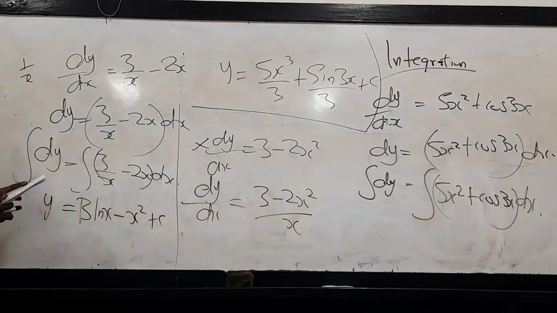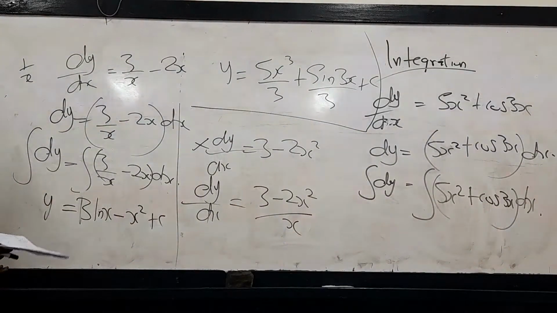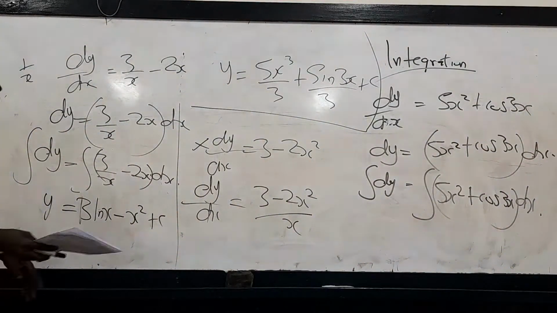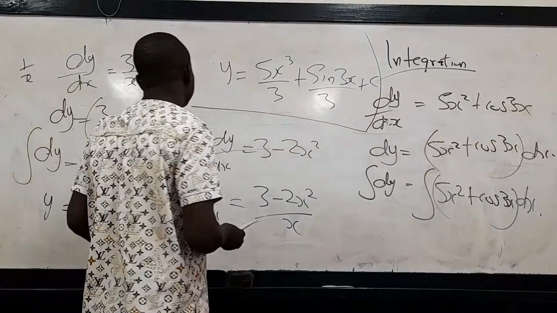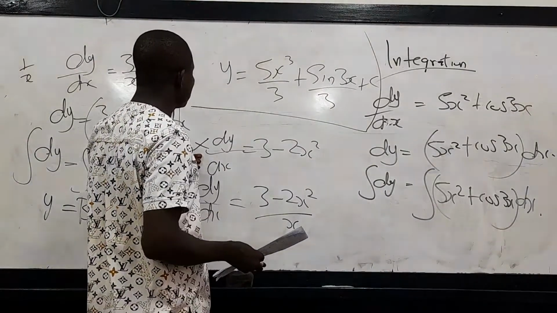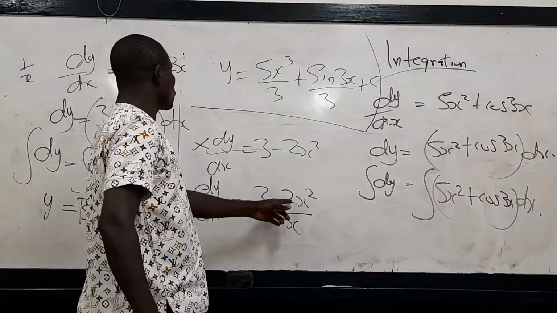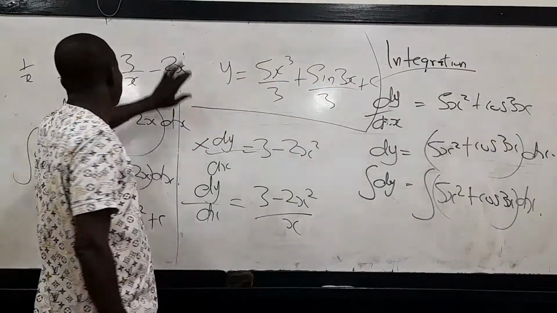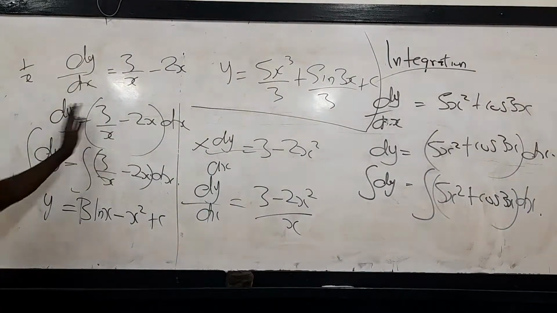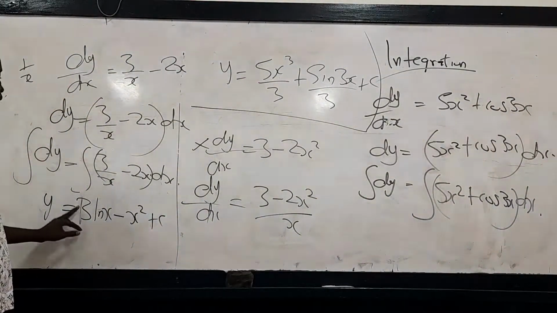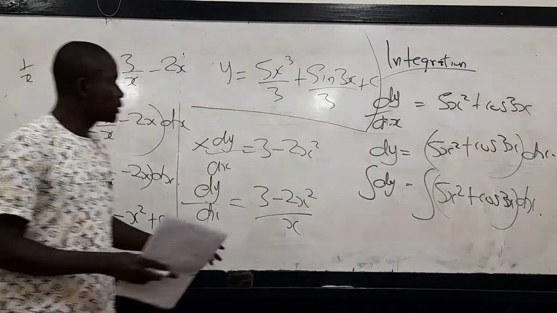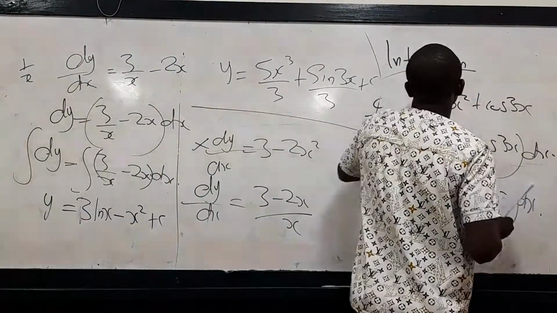After I do it, I always check whether what I worked is still in line. And it is correct, so it means everything is correct. I'm repeating, look at how I did it. First, I divided through by x, and I got this. After that, I integrated both sides, and this is what we got. I hope you are okay. We can continue.